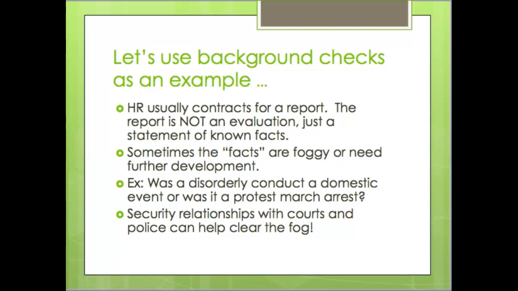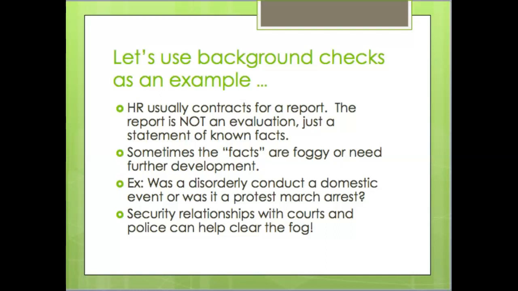Sometimes the facts are foggy, right? I can get a disorderly conduct charge for fighting in a bar. I can get the same disorderly conduct charge for going to a peaceful protest and sitting in, and when the police tell me I have to leave, I don't leave, and I sit there and they carry me off. Now, both are disorderly conduct.